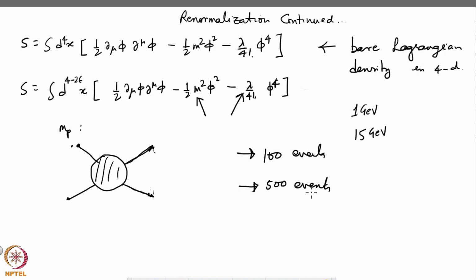Now what I will do is we'll stick to one theory. And sticking to one theory means having a particular value of m and lambda, so that all the outcomes are fixed. There is no ambiguity in what you are going to get in a particular scattering or what you are going to get for the physical mass. They are all fixed now. So m and lambda are fixed, keeping epsilon fixed, so that I don't run into the trouble of infinities.